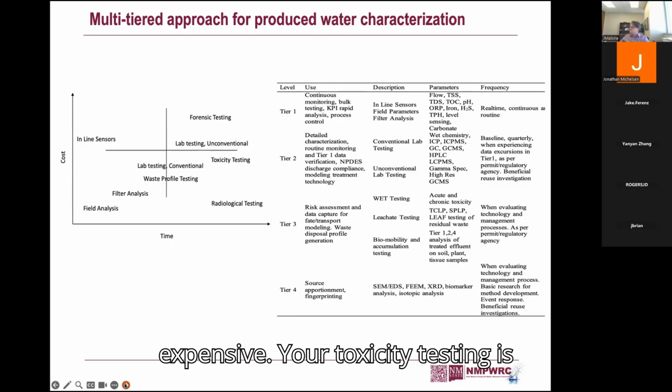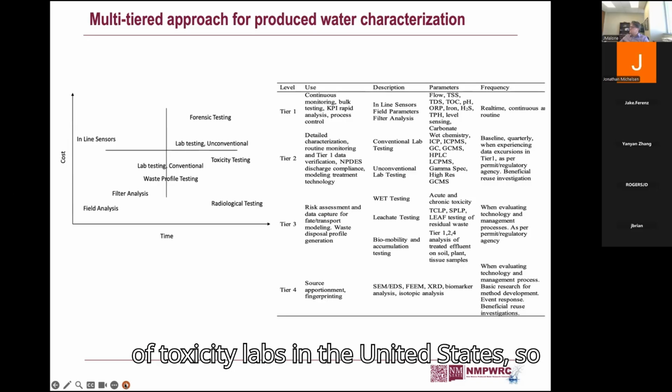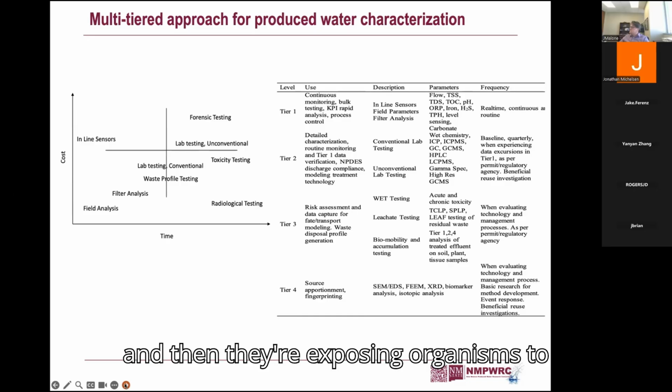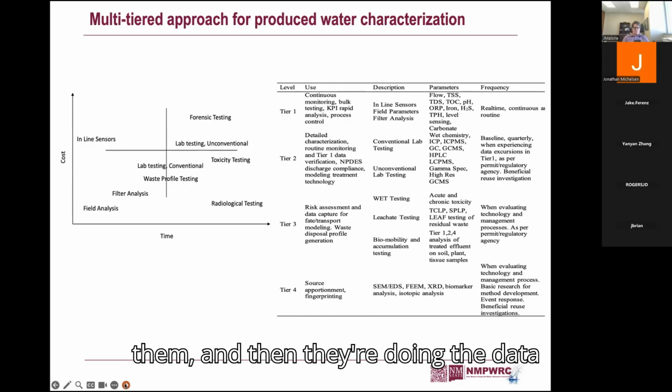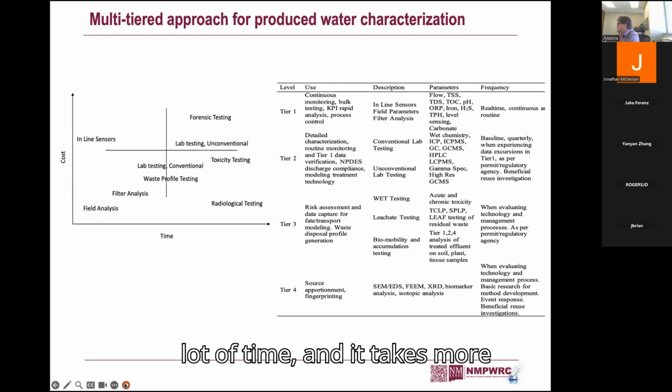Your toxicity testing is more expensive because you're sending large amounts of water. There's not a lot of toxicity labs in the United States, so you're shipping them across the country, and then they're exposing organisms to them, and then they're doing the data on the back end. So it takes a lot of time, and it takes more money, mainly on the logistics.